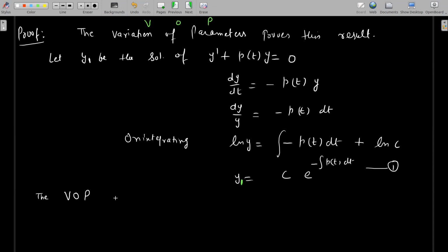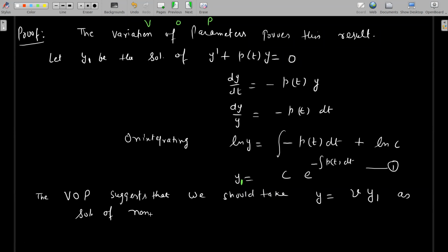So the variation of parameters suggests that we should take y equals to some function v as solution of the non-homogeneous equation, which is y prime plus py equals to f.